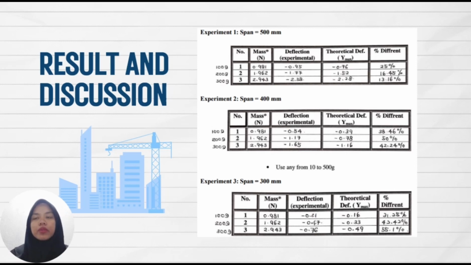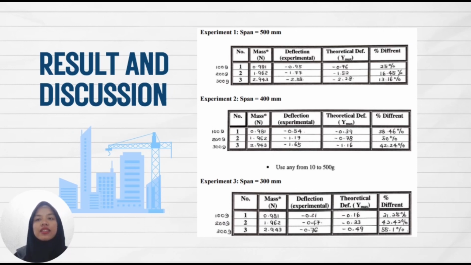In experiment 3 with a 300 millimeter span, the first load is 31.25% lower than theoretical. For the second load, the experimental result is 42.42% lower than theoretical, and lastly, the experimental result for the third load is 55.1% lower than theoretical. The percentage differences vary, suggesting inconsistency in the experimental results.